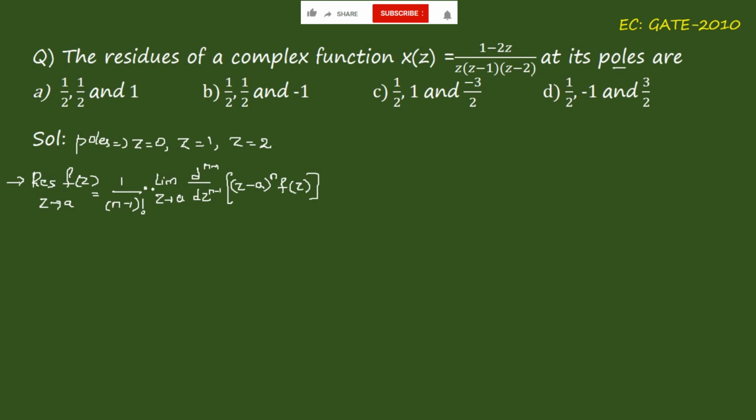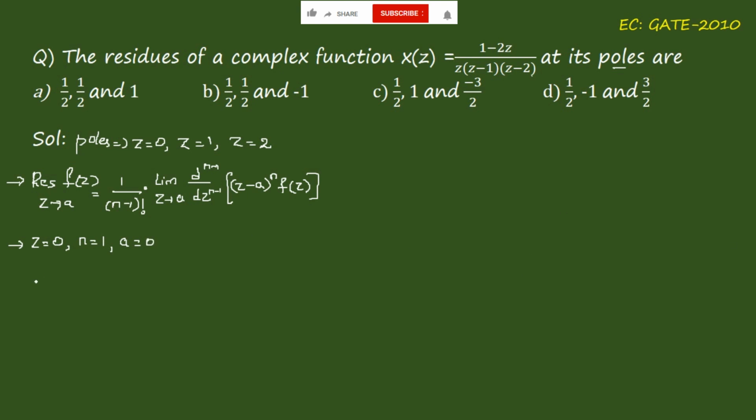Now we'll be substituting it for each pole and find the values of it, right? Now if you consider the first case, z is equal to 0, then the n value, it's a power of 1, so we can see that n is equal to 1, right, and the a value is nothing but 0 only, it is a pole, right.